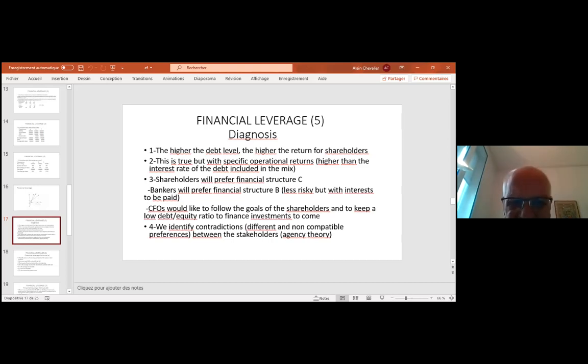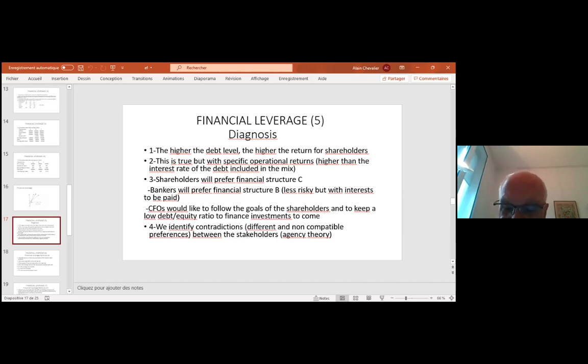And low debt capacity is at the same time a key to finance easily new investments in the short term. But it is also a key for them to be more independent from the board, from the CEO, and also from the external partners.